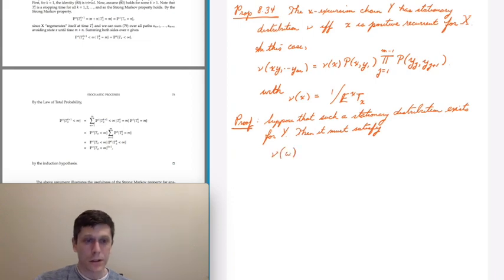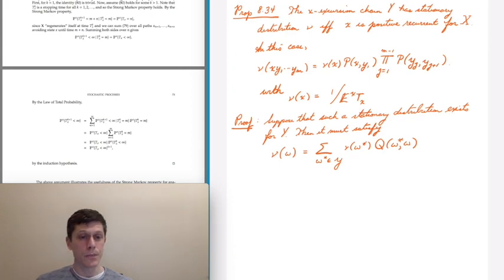the usual condition, which is that the stationary probability for any given word is the sum over all other words in the space Y of the stationary probability of that word times the transition probability. So this is by definition.